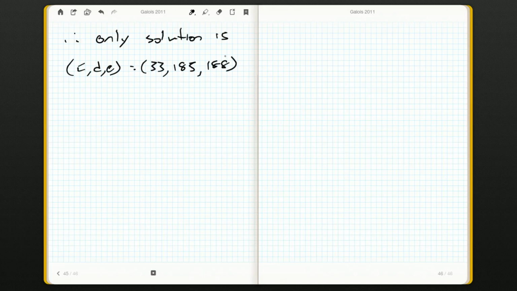Does the 33rd triangular number, which is 561, and the 185th triangular number, what's that?